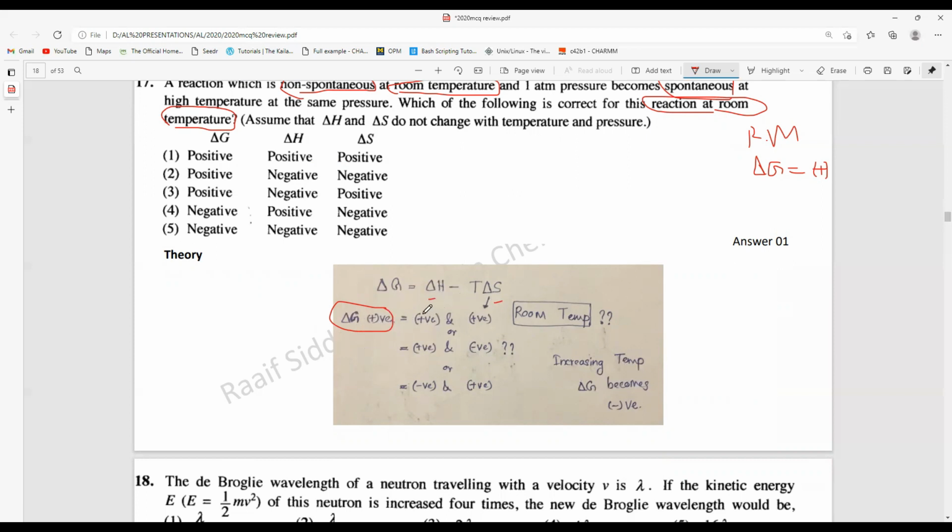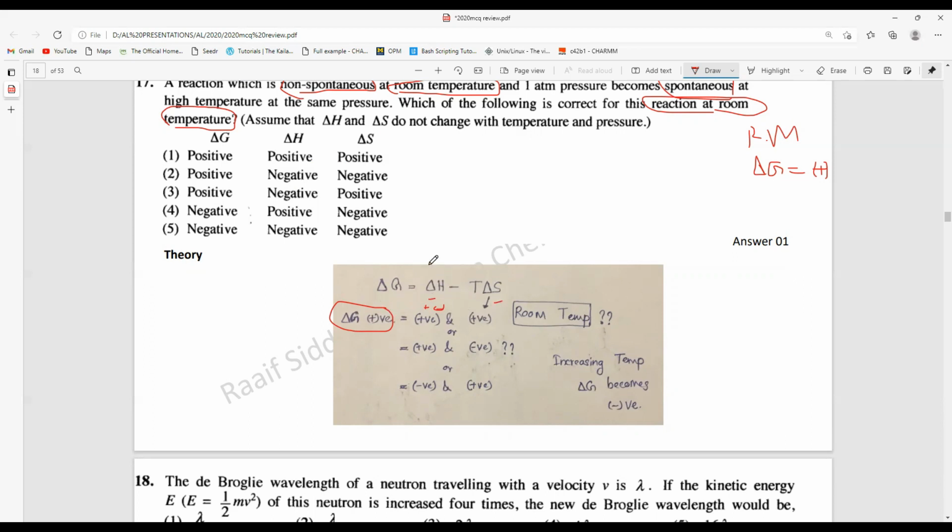If delta H is positive and delta S is positive, the delta H component will be positive. If entropy is positive, this whole component will be negative. So there will be a positive and a negative product that determines this Gibbs free energy value.